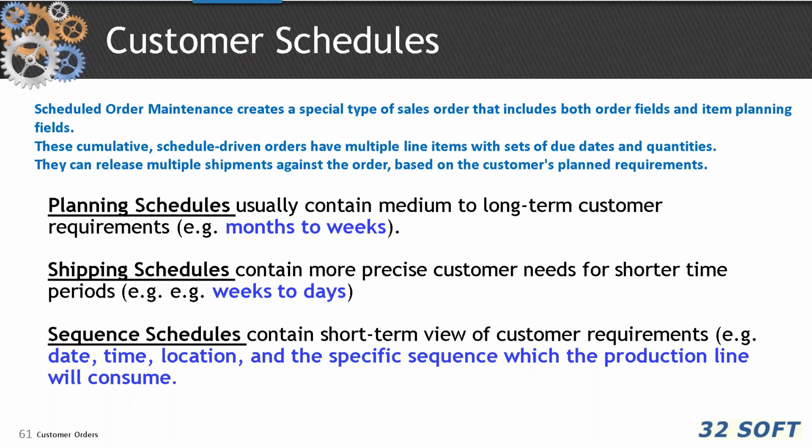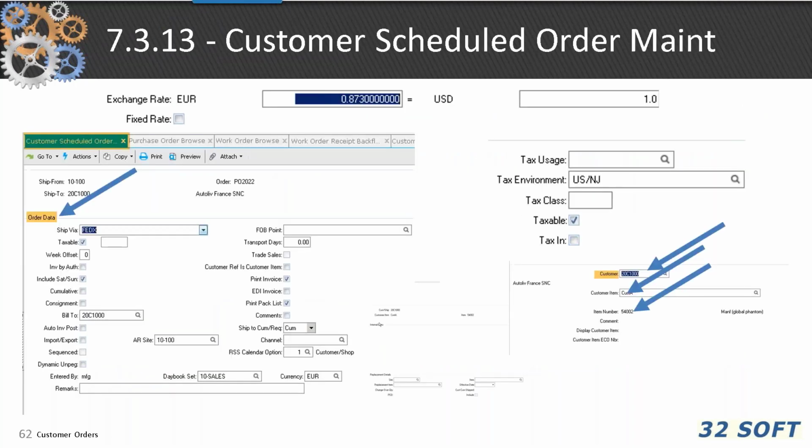Planning, shipping, and sequence schedules are sent to you by your company. Then in the 7.3.13, customer orders are created for the customer schedule. In many industries, these are becoming mandatory. These are used extensively in the automotive industry.